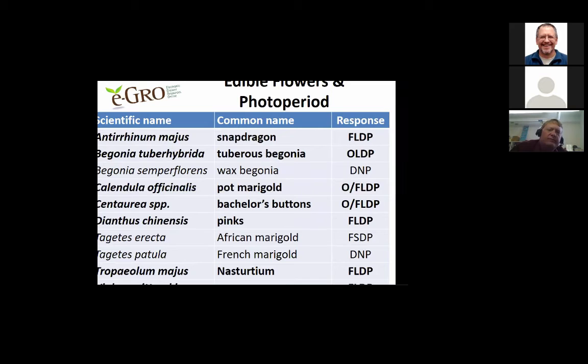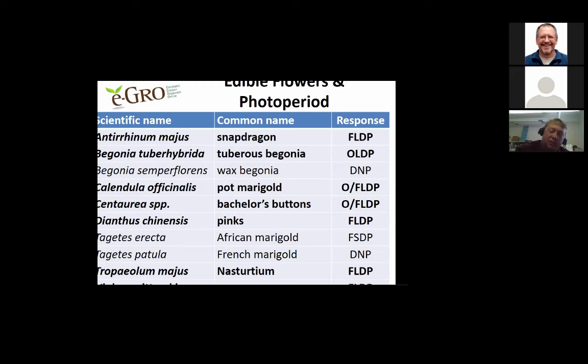I tried to pick some of the more common edible flowers here: snapdragon, a couple different types of begonia, a couple different types of marigold and calendula, bachelor buttons, pinks, nasturtiums, and pansies. Of this grouping, I highlighted the species that were long day plants, either facultative long day plants or obligate long day plants.